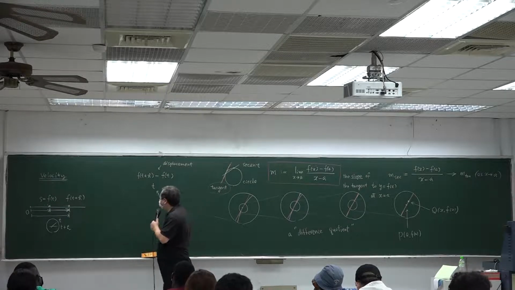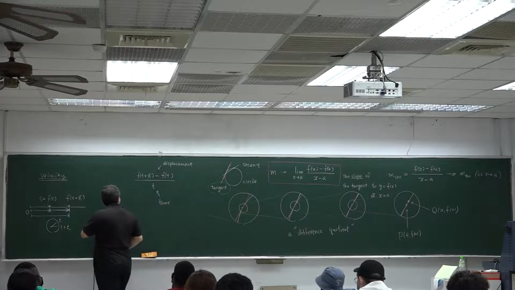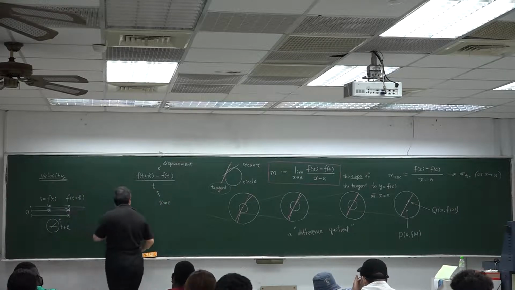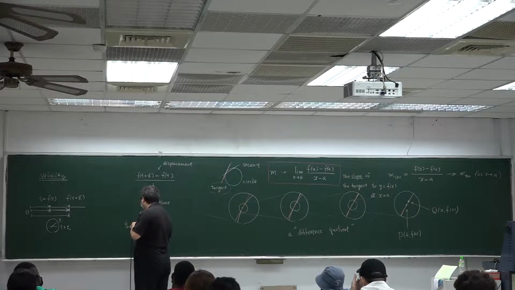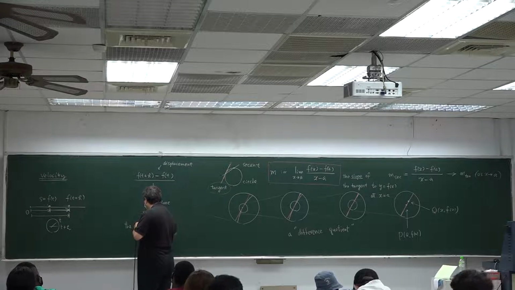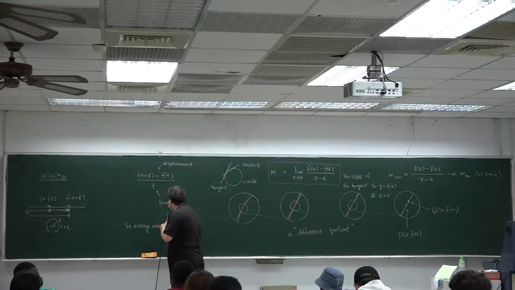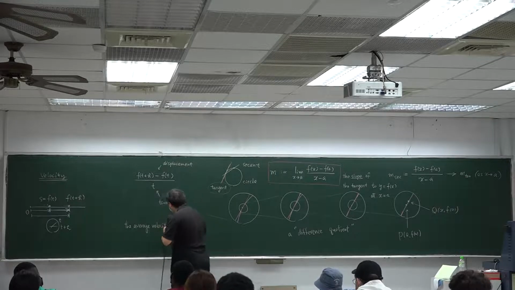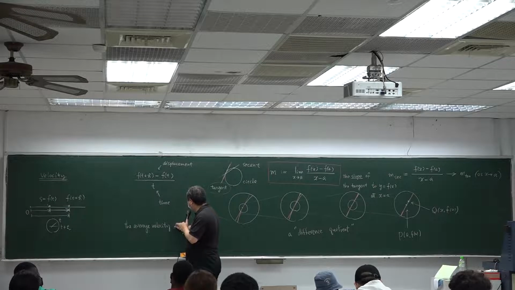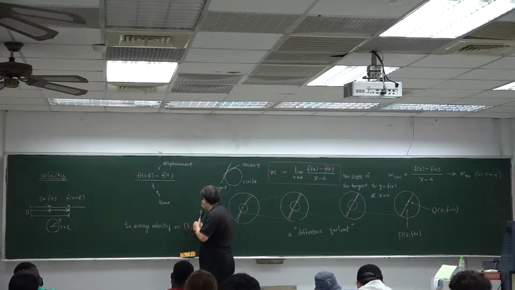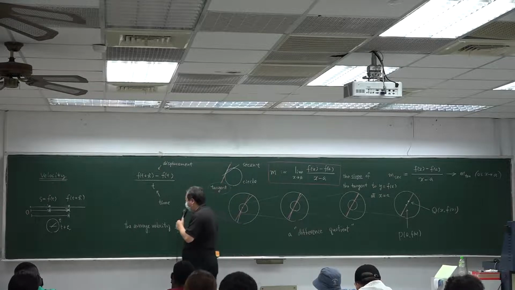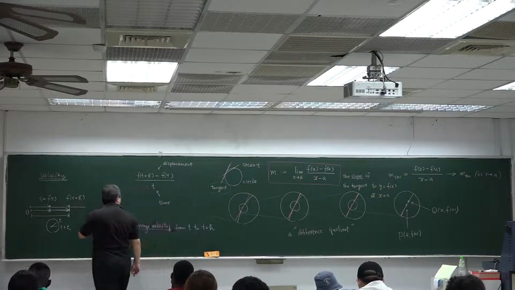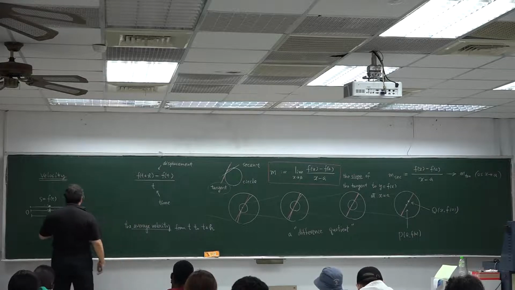And again, this number is called the average velocity of the particle on this time interval, from t to t plus h. The average velocity.